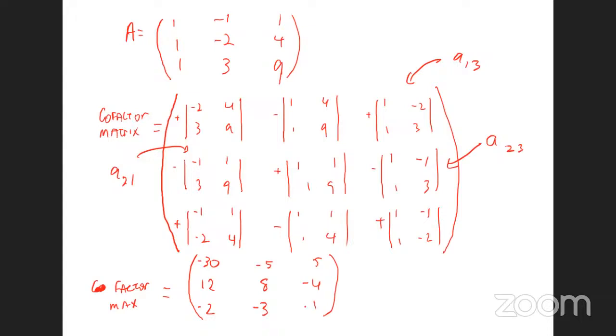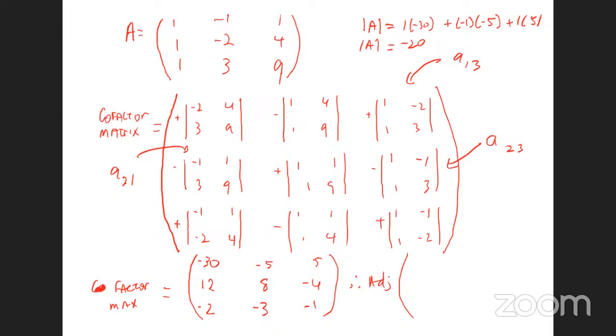Nice. While I'm here, let me find the determinant. The determinant is 1 by minus 30, because I already have the cofactors, plus minus 1 by minus 5, plus 1 by 5. I got 5 and 5 is 10, minus 20. And I could go ahead here now and find the adjoint.